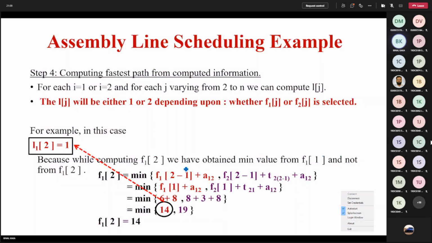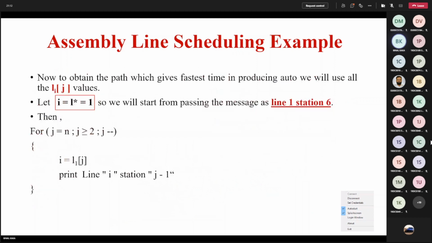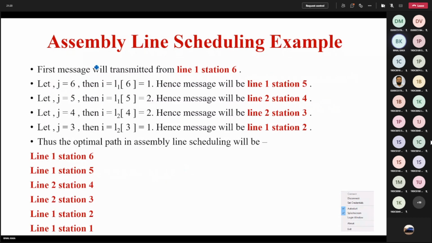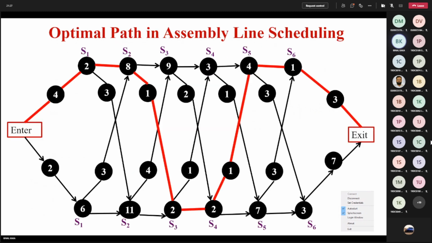It is 28 cost, right? 28 cost. So now you have to obtain the path which gives the fastest time producing or any location. Here we mention that because of 1, because of 2, because of 3, because of line 1, because of line 2, we'll get the destination, right? So we have to trace the tree. So basically we'll start from the exit point.